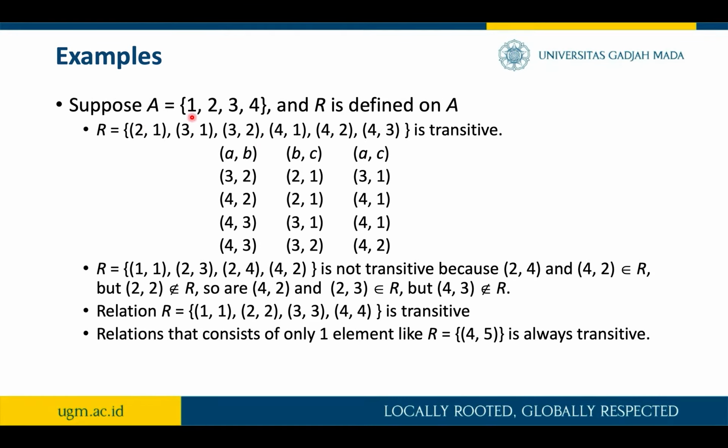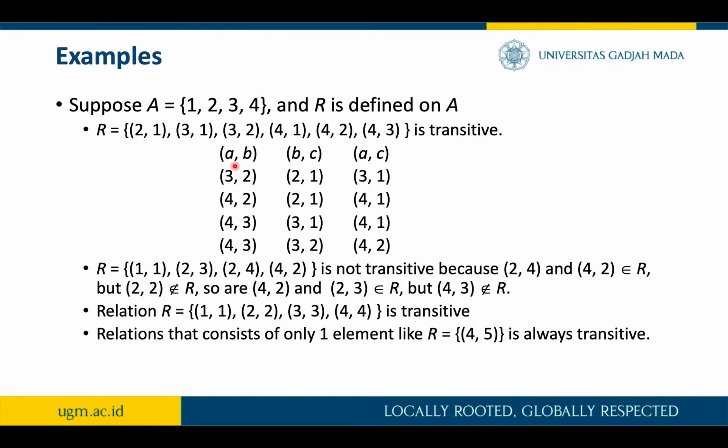Okay, suppose we have this set and R is defined on A. If we have this relation, then we need to check one by one whether the relation is transitive or not. Okay, (2,1), (3,1). I think we cannot have a second relation here starting with (1, something).